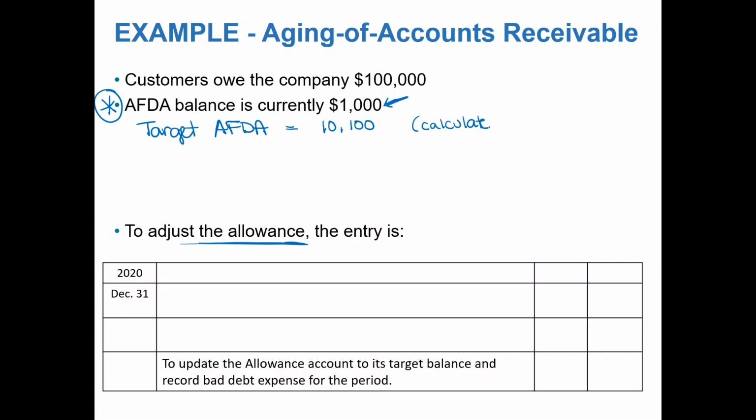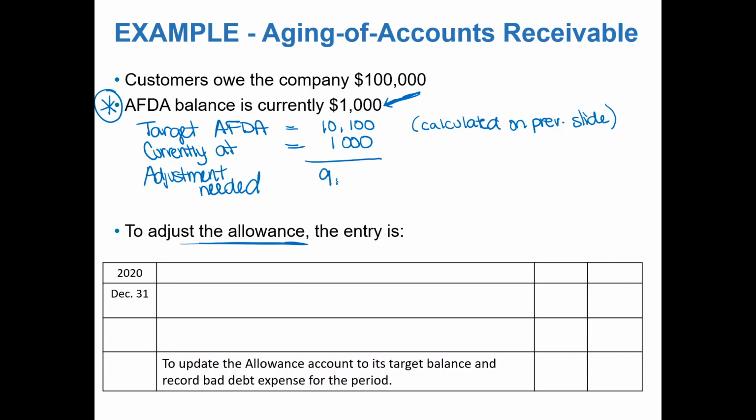I'll just say quickly here, calculated on previous slide. But we know we are currently at an amount of $1,000. We can see that right there in the question. Therefore, the adjustment needed is just the difference. So we need to adjust by $9,100 in order to get to our target.